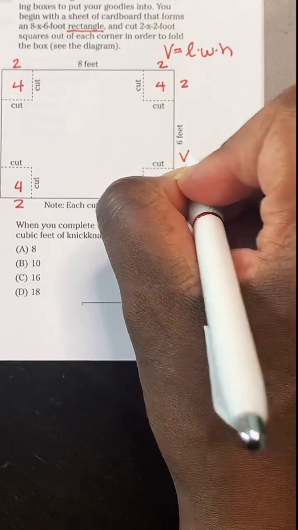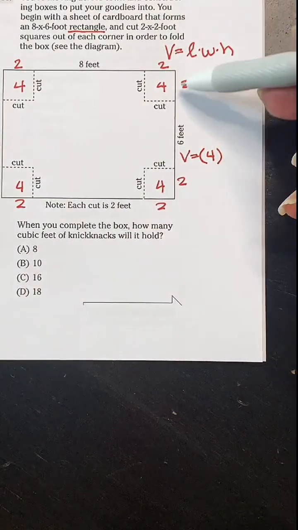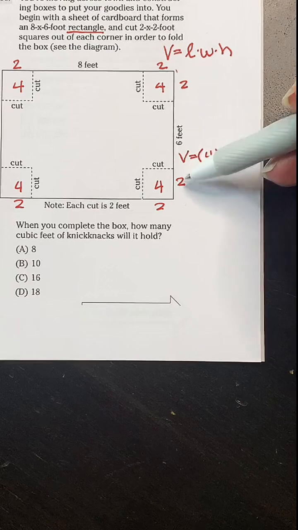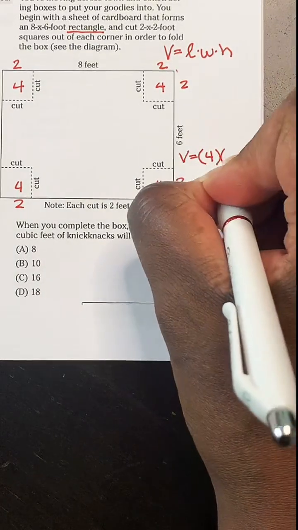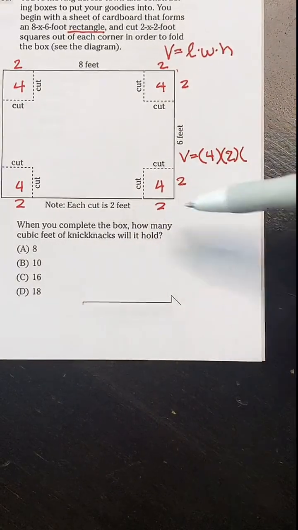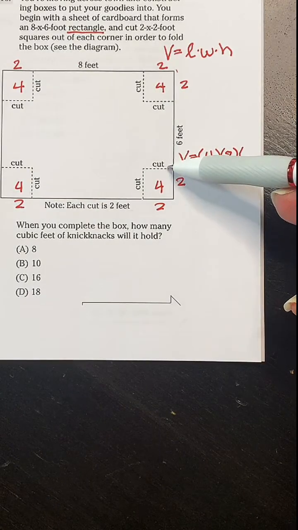So we have our volume, which is our length is going to be 4. Now our width, they said this whole side was originally 6. But again, we're taking 4 off. So 6 minus 4 will give us our 2. And then the height is basically going to be what we're cutting out.